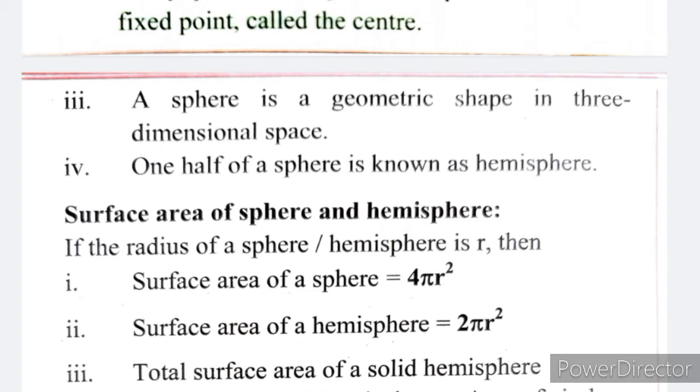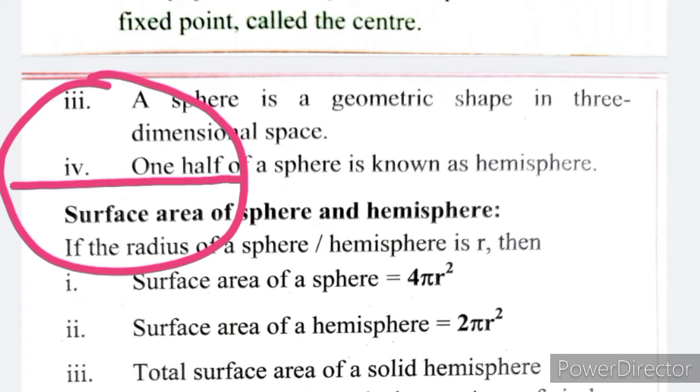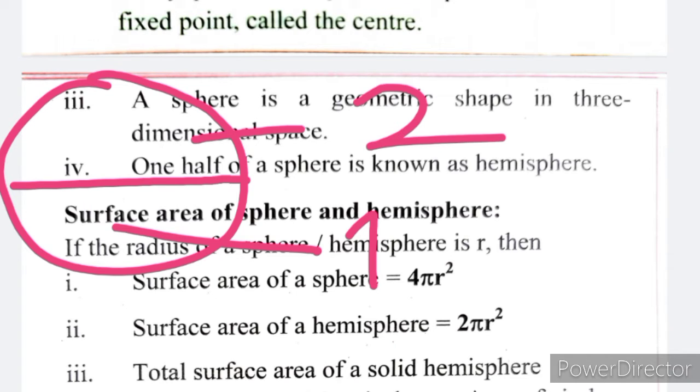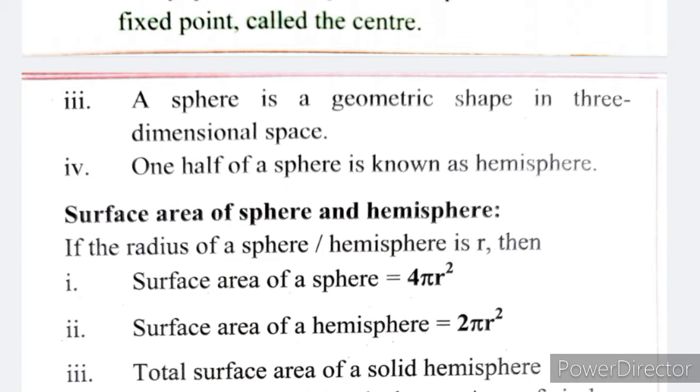There are some formulas related only to the hemisphere, but don't think that a hemisphere is a different type of sphere. It's only a part. This is a sphere, and this half part is one hemisphere and this is the second hemisphere. I hope you understand what I am saying.